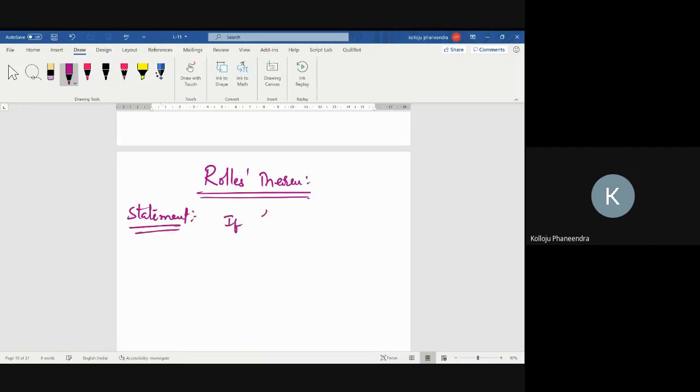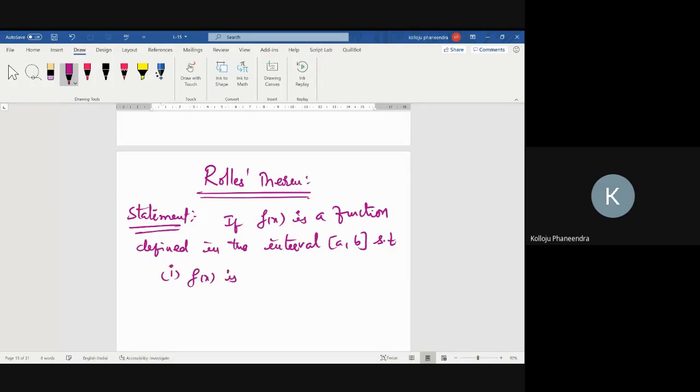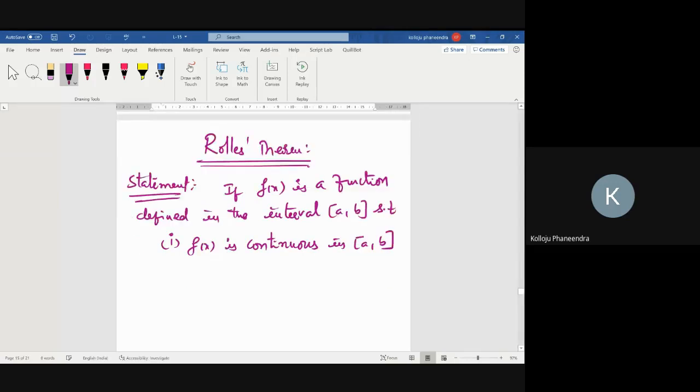If f of x is a function defined in the closed interval a, b such that the first condition is f of x is continuous in the closed interval a comma b.